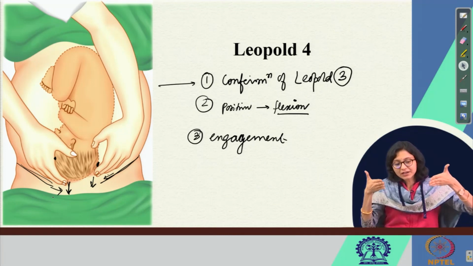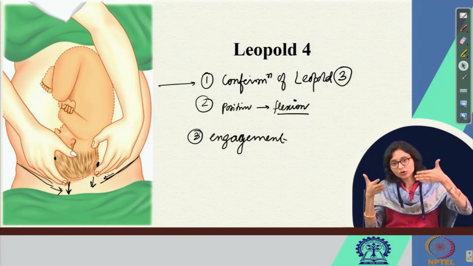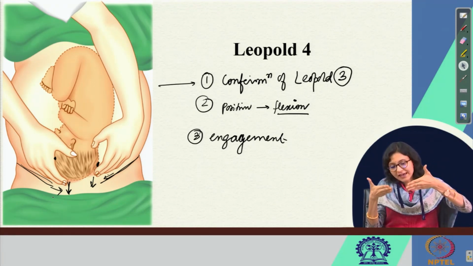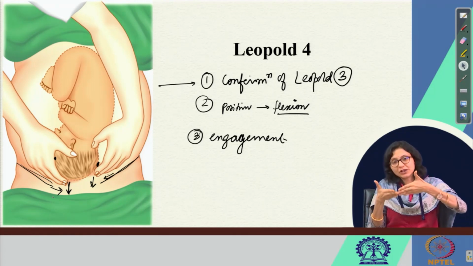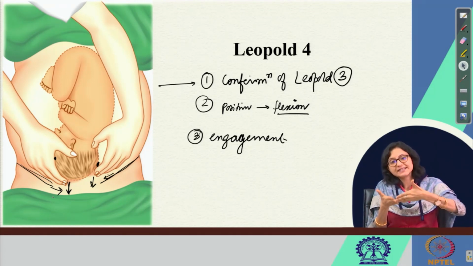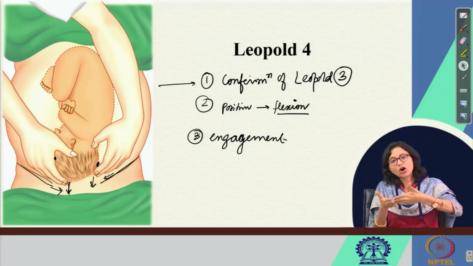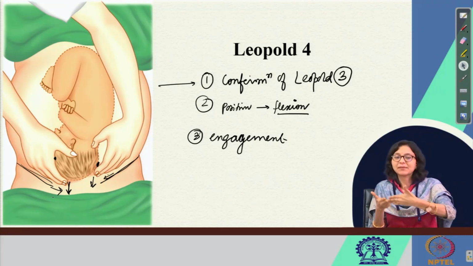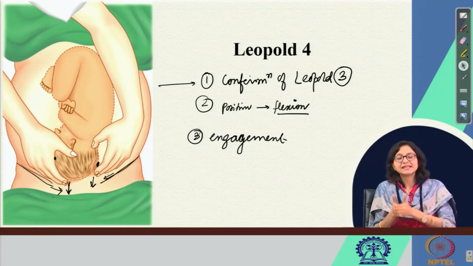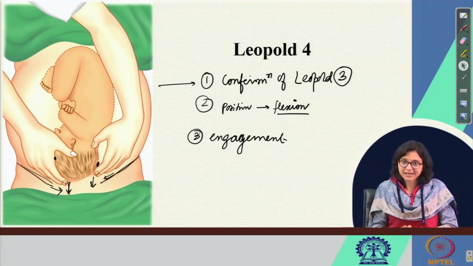If the fingers of the examiner's two hands are able to oppose below the fetal presenting part, that means the presenting part is still in the abdomen, it has not gone down inside the maternal pelvis, that means engagement has not taken place. So, from this maneuver we can ascertain whether engagement has occurred or not.